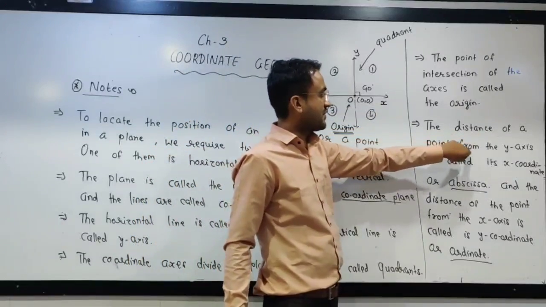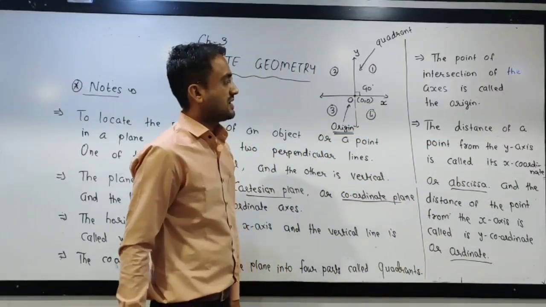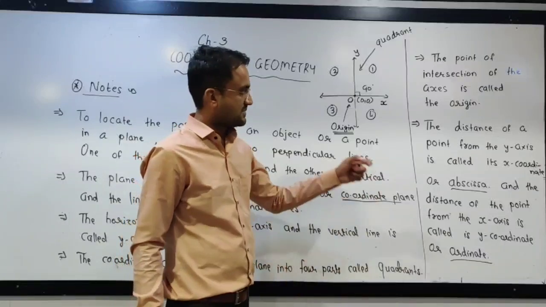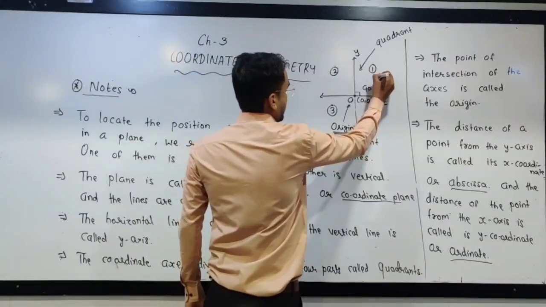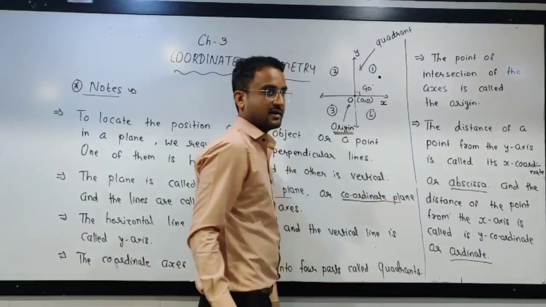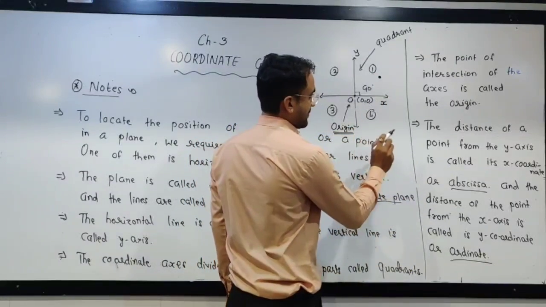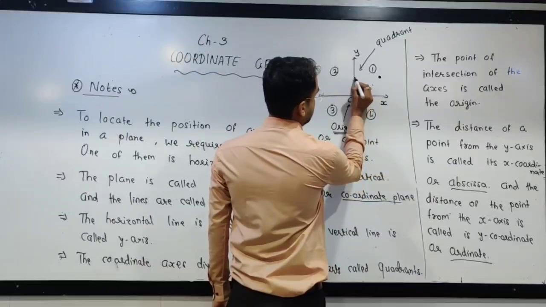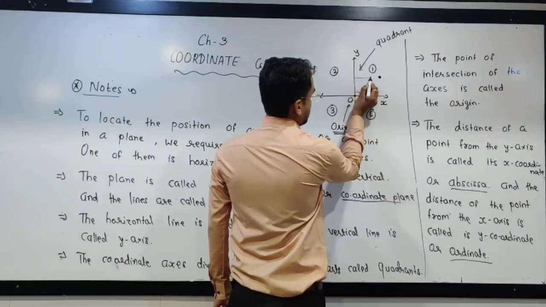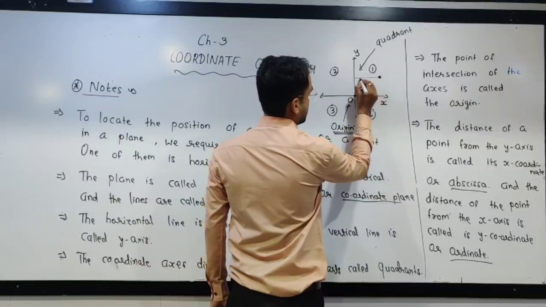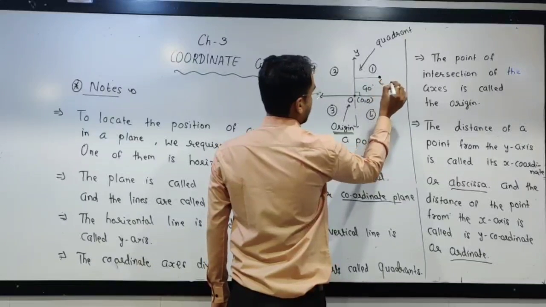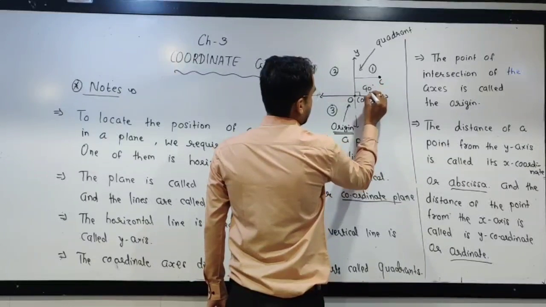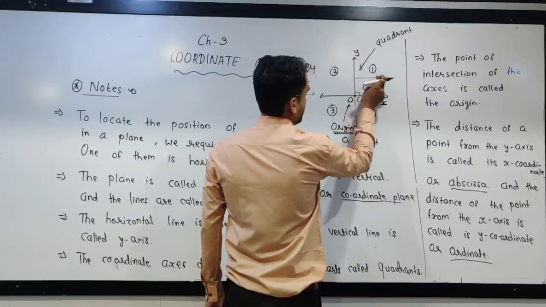The distance of a point from the y-axis is called its x-coordinate or abscissa. Now, if I take a point here, the distance of the point from the y-axis, this distance, is called its x-coordinate. Like for example, this is 1, 2, 3.